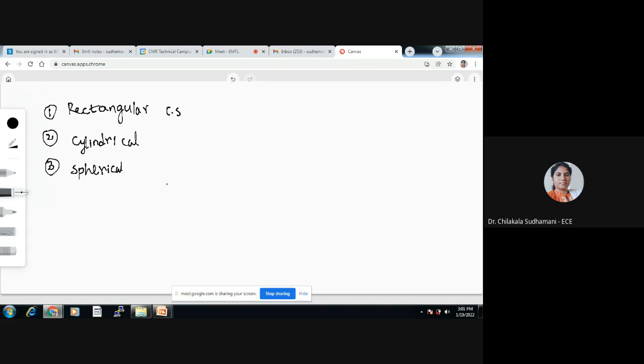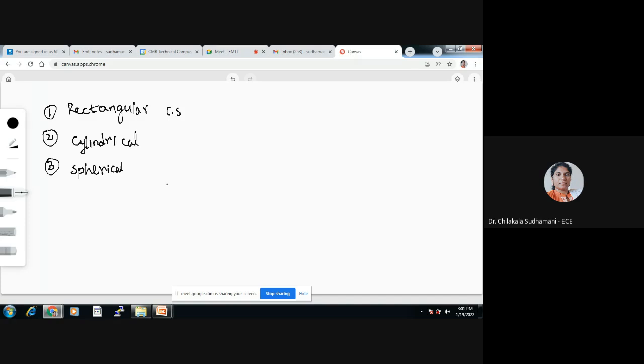And how to measure the distance between two vectors in the case of cylindrical, spherical, and rectangular. One we have to measure the distance, another the area, another the volume. These three parameters we are going to see how to calculate in the rectangular, cylindrical, and spherical coordinate systems.